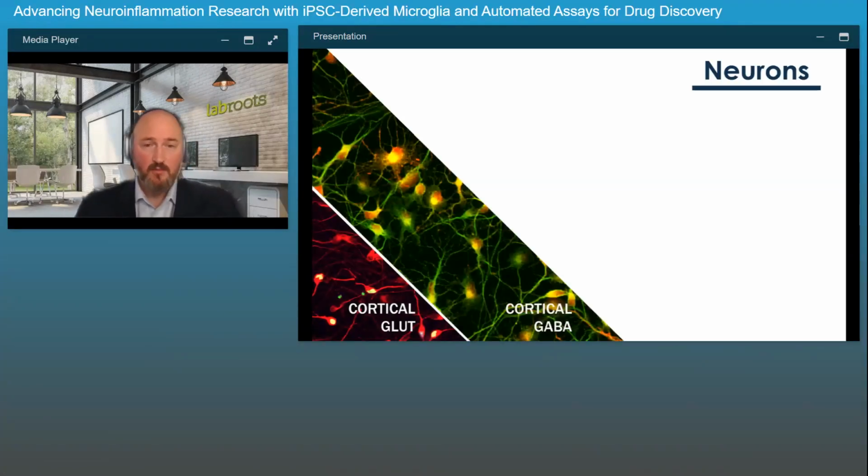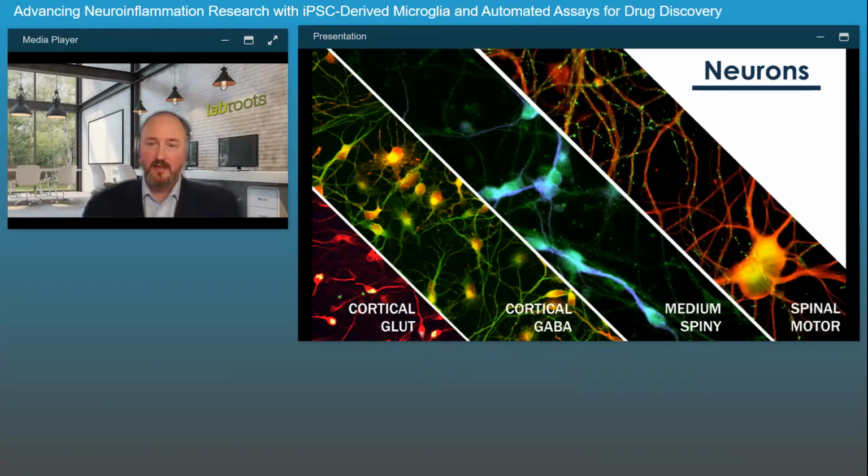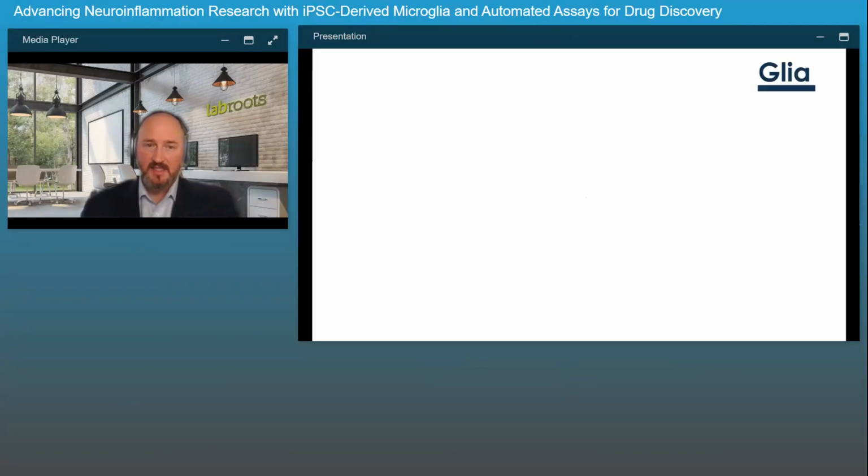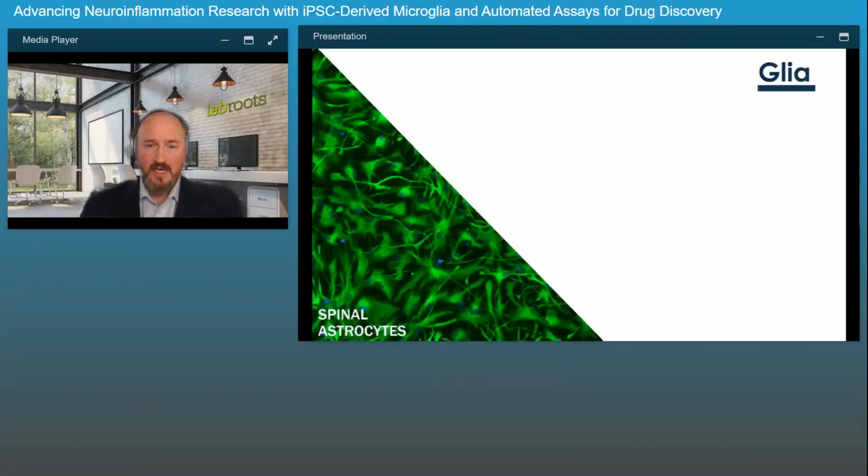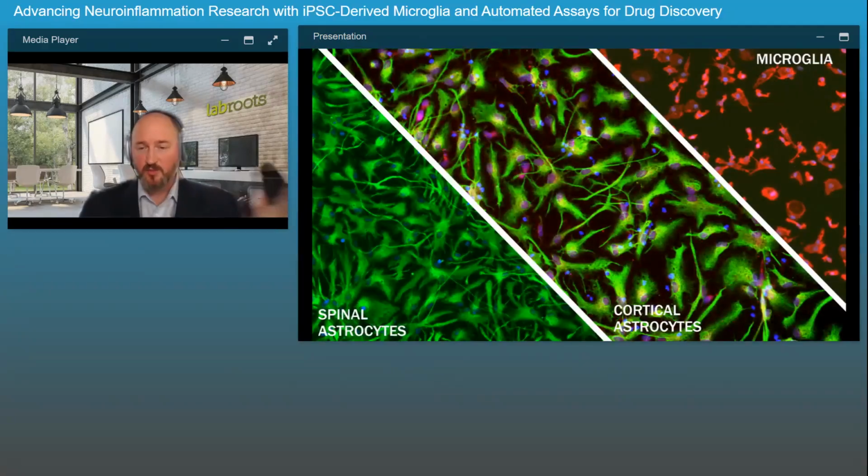And we can do the same to make the glial cells. So things like astrocytes, we have both spinal and cortical astrocytes, and then also microglia. And then a new cell type that we're coming out with is oligodendrocytes. These are different from neurons, and they are support cells, or the immune cells of the nervous system.